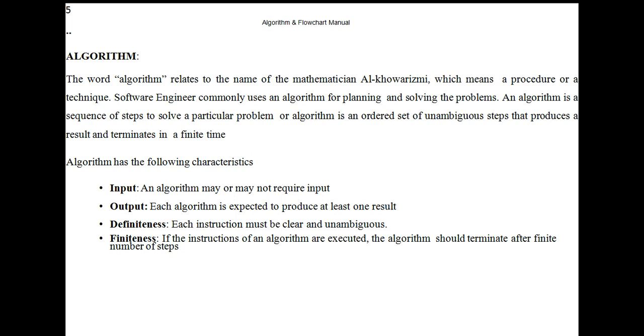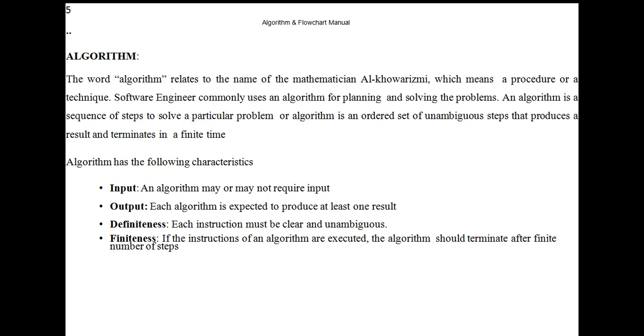Algorithm is an ordered set of unambiguous steps that produce a result and terminates in a finite time. So your algorithm is an ordered set. You should proceed in either ascending order or descending order, some order you have to follow, and the set of unambiguous steps. The order of steps should be unambiguous, and the steps that were taken also should be unambiguous.